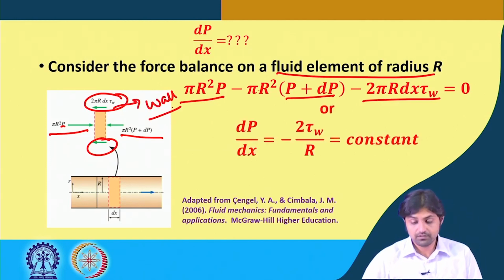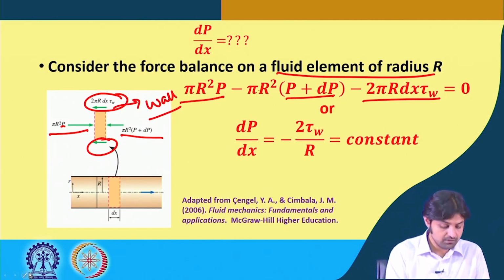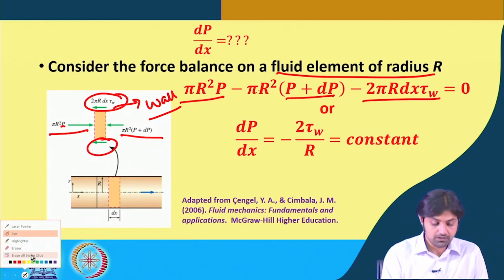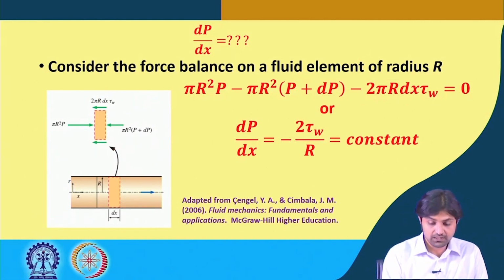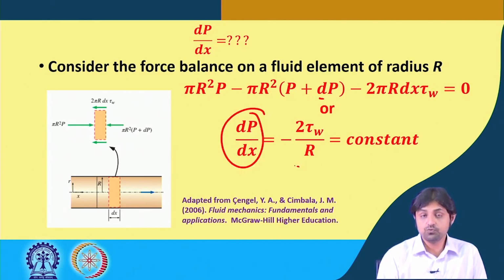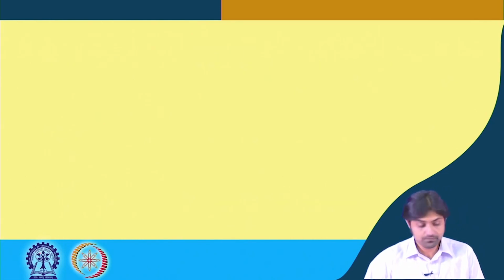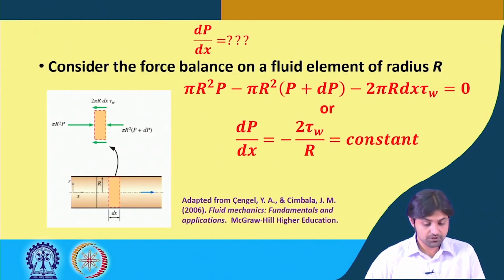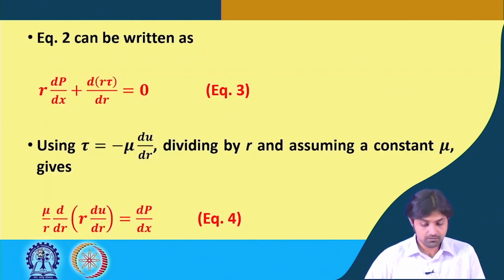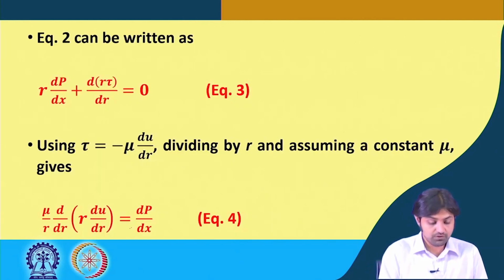What we get is the equation dp by dx is equal to minus 2 tau w by r, which is a constant. Okay. So, if we integrate this equation 4, so this is the equation 4.